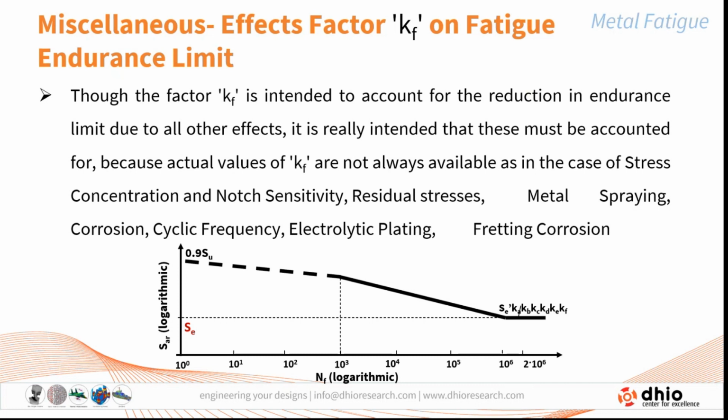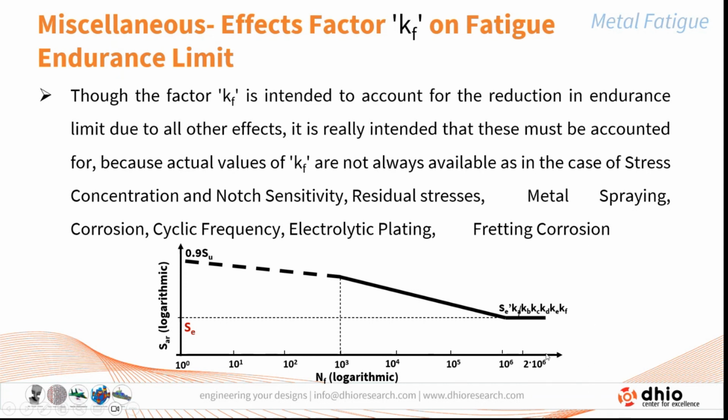It is intended that these must be accounted for, because actual values of KF are not always available, as in the case of stress concentration, notch sensitivity, residual stress, or a metal spray, chemical effects or corrosion, cyclic frequencies or electroplating, whatever the case may be. Then this effect is taken into account.